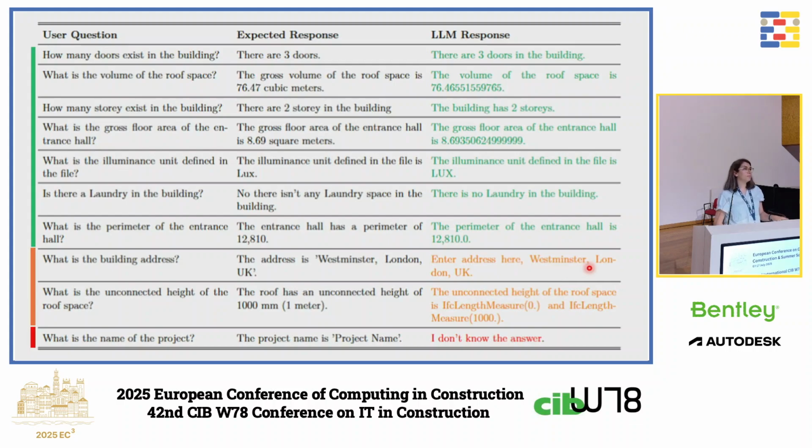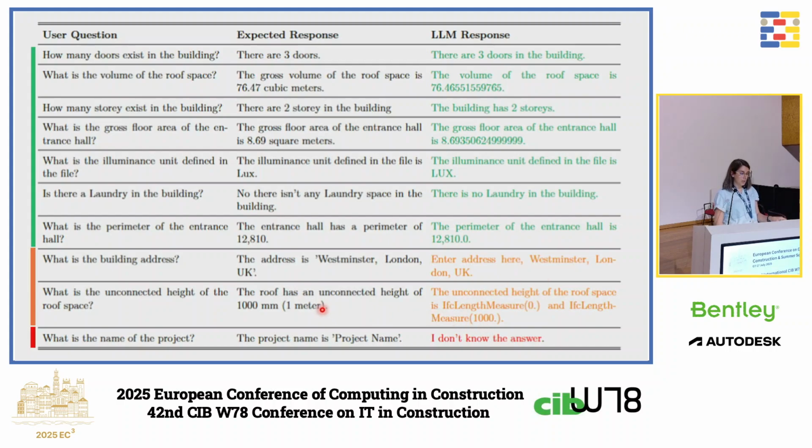So we don't consider it a problem with the large language model. In other words, if we update our IFC model in a way that it is more pre-processed so that all the information is correct, we can see that at this stage, the large language model can answer correctly.